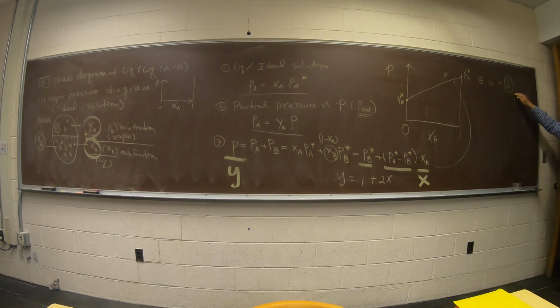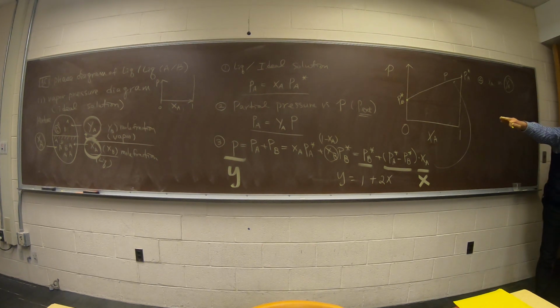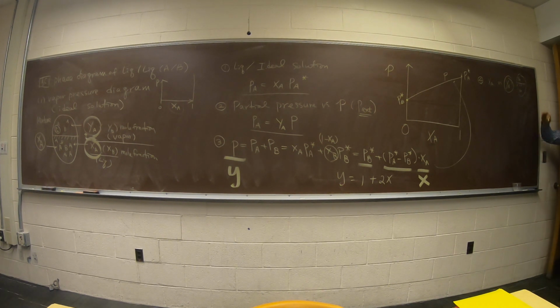Right? This is the composition in the vapor phase. If you remember the figure that I just drew here, this is a liquid. You have, let's say, 50% of A. Do I have more A or less A? This is something that I want to figure out, right?